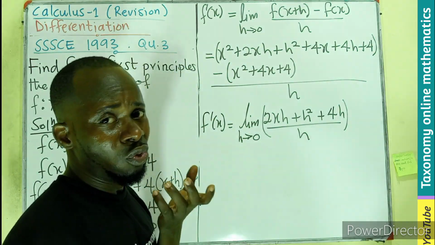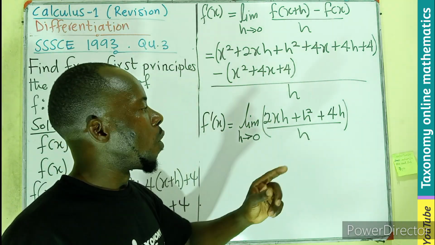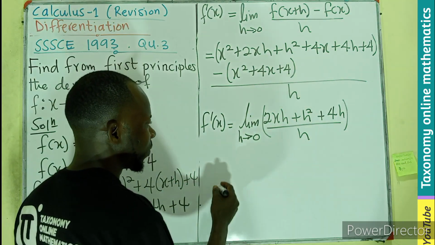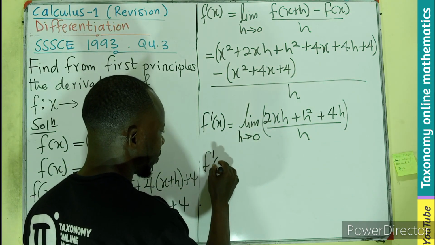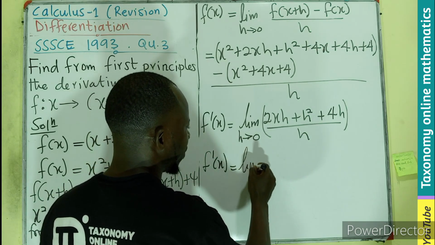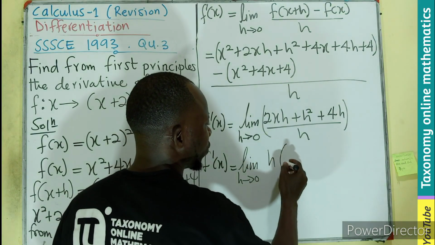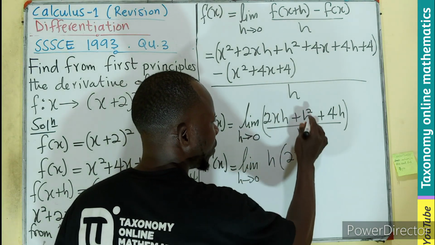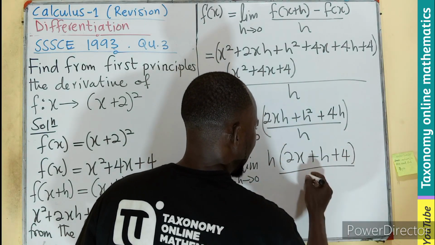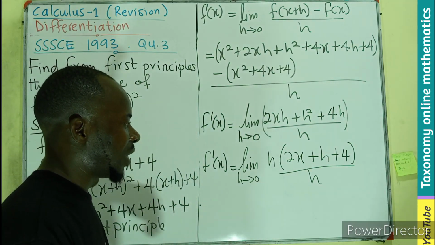In the case of this, there are 2 ways we can do this. We can divide each of the terms by h, or factorize the h out, which I can see as a common factor. So I can say this equals the limit as h is approaching 0. If you pick the h out, you'll be left with 2x, here you'll be left with only h plus 4, divided by h. And I'm sure you can see that the h will clear off from this case.